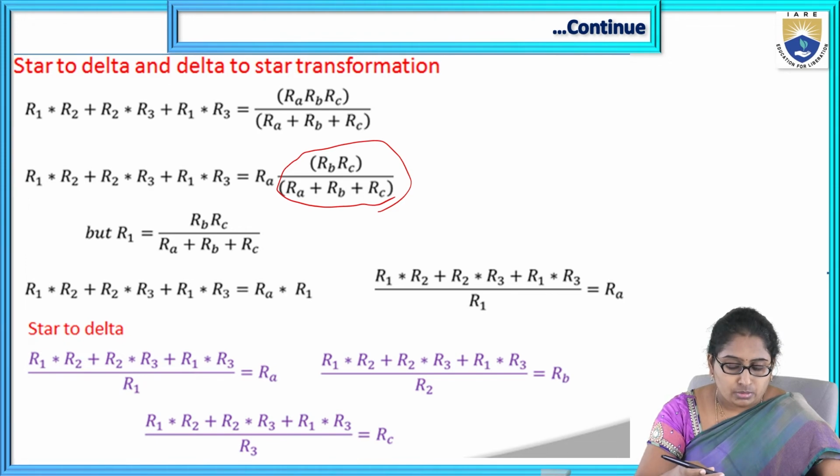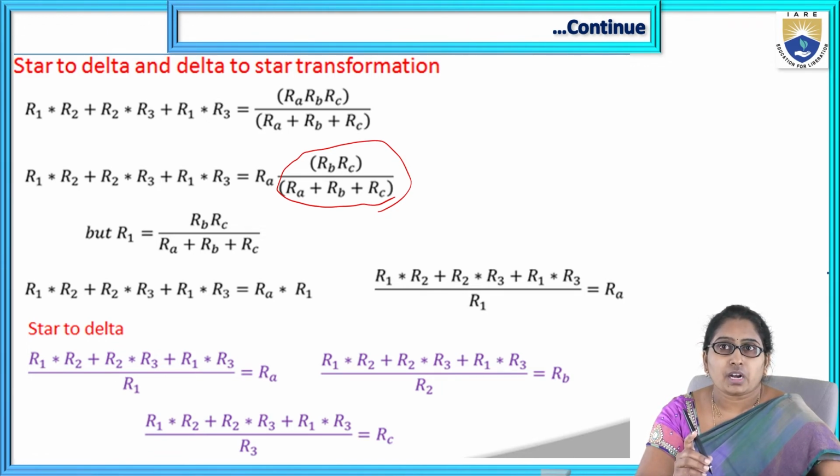So that is the third element expression. This is how the derivation is done for star to delta and delta to star transformation. So this is all about the derivation of this transformation.